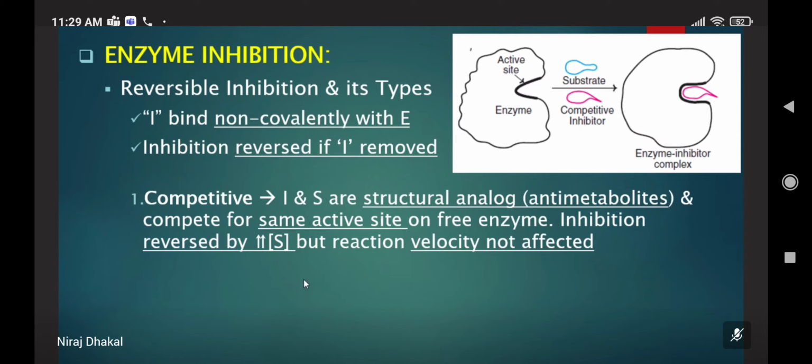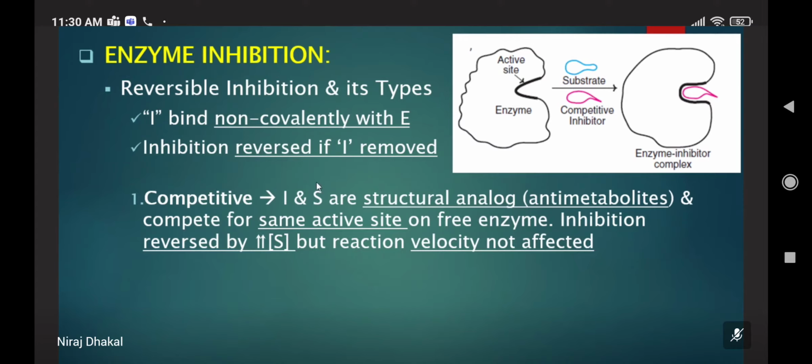So in this case, the reaction velocity is usually not affected. Although the enzyme-substrate affinity decreases because of the presence of inhibitor, the working efficiency of the enzyme is not affected because as soon as it binds the substrate, it will effectively transform it into product.